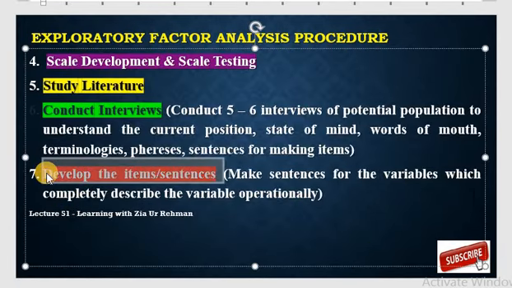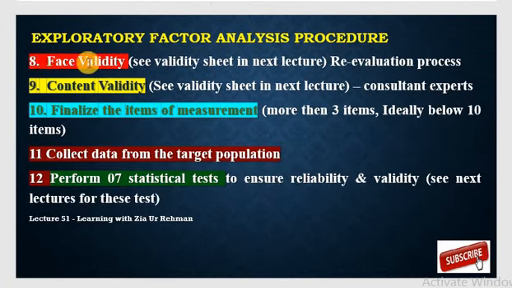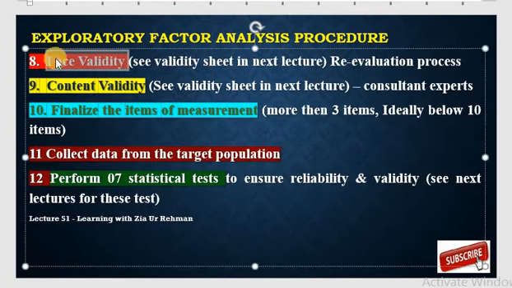The scholar prepares a face validity sheet in which he or she re-evaluates the process, the items, and the sentences, checking that all the items are prepared according to the nature of my population, my industry, and my operational area.